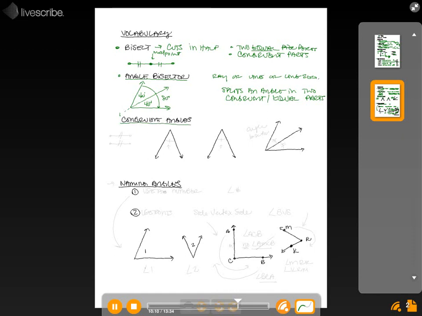Now, to show two angles are congruent, we use the same idea we use for a line segment. Remember, for a line segment, we used those hash marks. Well, we do the same idea for an angle, except we're not going to mark the sides, we're going to mark the inside. So we could show it like this. Draw an arc inside, and then we put a hash mark on each arc.